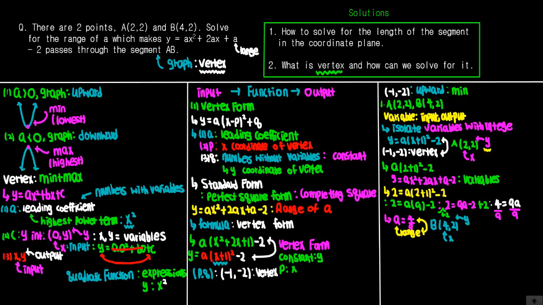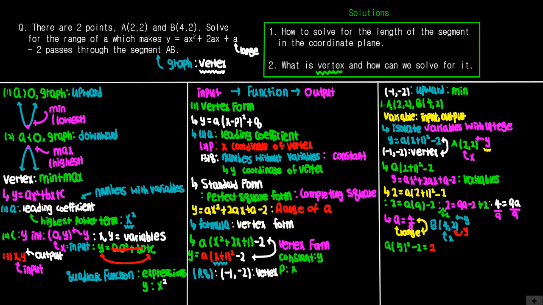So let's input 4 as our x value. If we do it, we're going to get a times (4 plus 1, which is 5) squared and minus 2, with the y replaced by 2 according to our coordinate.